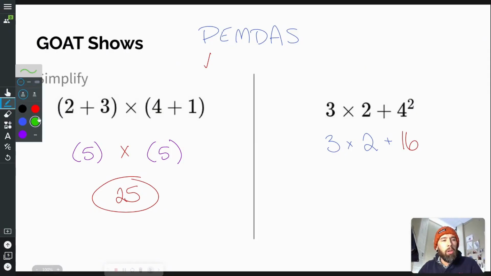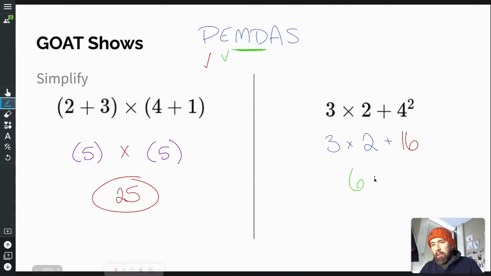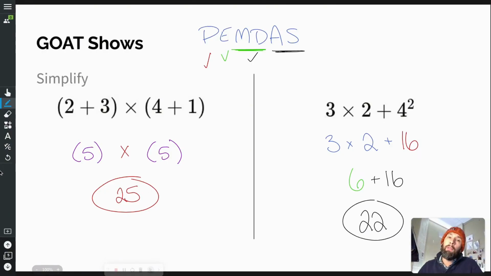Now exponents are done. I'm going to multiply, divide, left to right. Left to right, I have 3 times 2 right away, which is 6. Drop down the plus 16, and I'm done with multiplication and division. Now I have addition, subtraction next, and all I have to do is add 6 plus 16, which is 22, the Taylor Swift special.